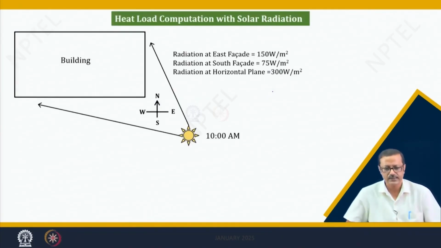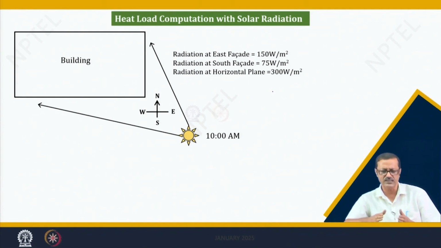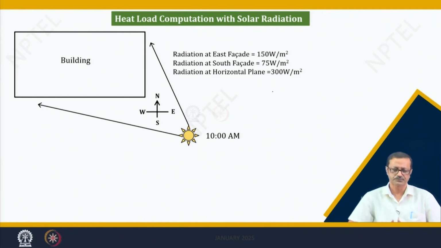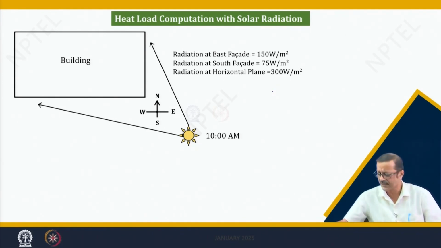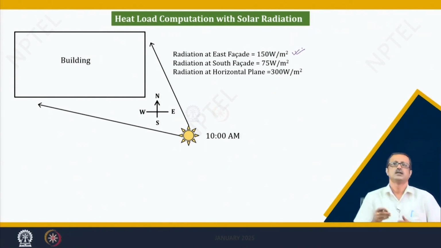Now, next let us see the heat load computation with solar radiation. If solar radiation comes onto the different surfaces of the building, and also the roof, what will be the change? I have given 3 solar radiation phases. Suppose in the morning at 10 o'clock, the sun angle, the azimuth and altitude angle, is such that only the east facade is receiving 150 watt per meter square radiation, because the radiation unit is watt per meter square.